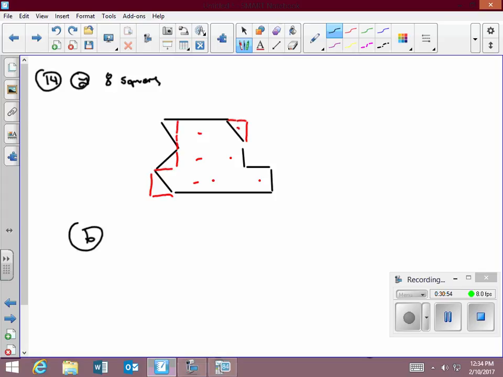B, the answer is 7.5. You can see 3 of them just straight away, right?